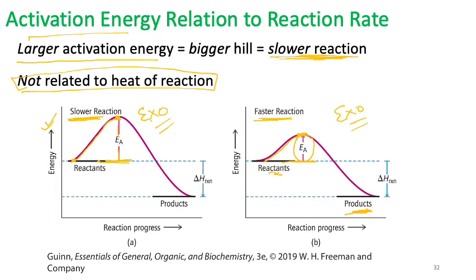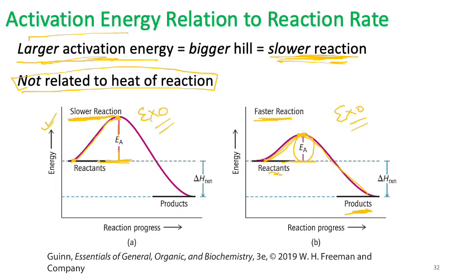That means you need less energy for the right hand side reaction, and then it can convert into a product. So remember this: if you have a bigger height of the activation energy compared to the second reaction, that reaction is slower. Larger activation energy, slower the reaction.